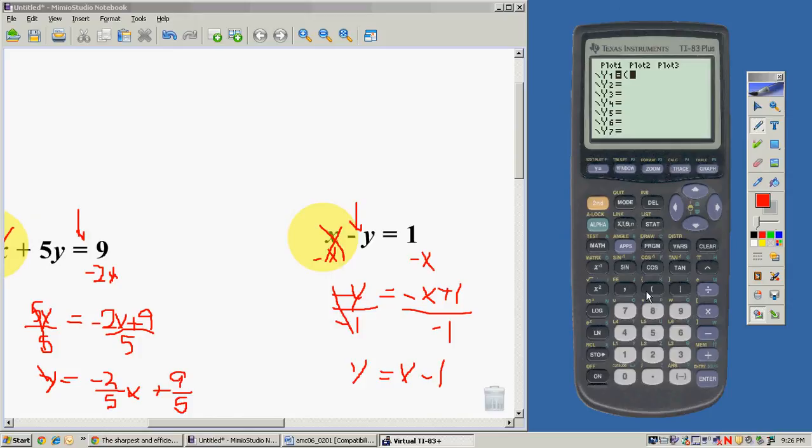And y1 is going to be, remember, in parentheses, negative 2x divided by 5. This is just one way to put your fraction with the x. Usually I teach you to put the fraction in parentheses and then the x right after, plus 9 divided by 5.